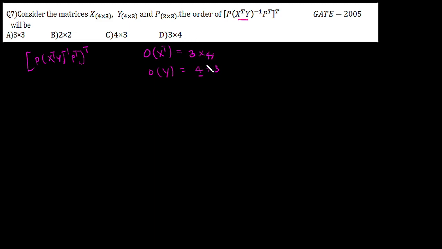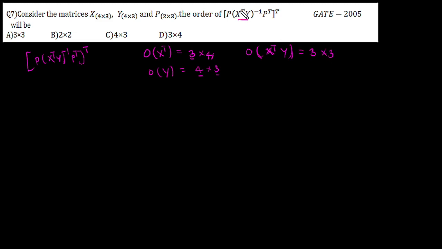So now what is the resultant order of the matrix after multiplication? Let's write the order of X transpose times Y, where O denotes the order. What is the order after the multiplication of this transpose with matrix Y? It is simply these two outer elements, so I can write 3 cross 3.